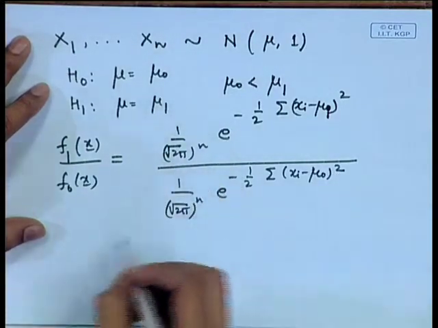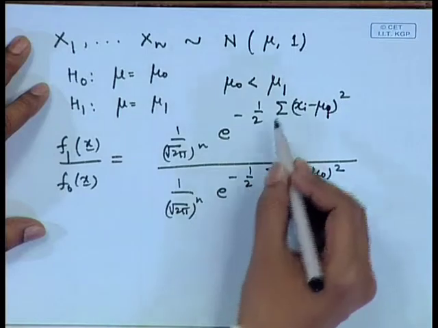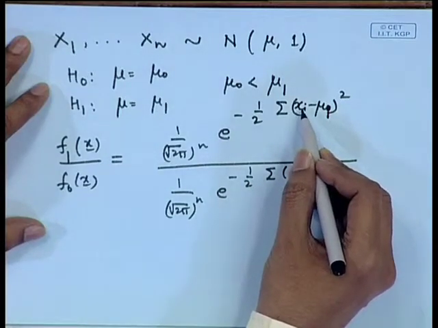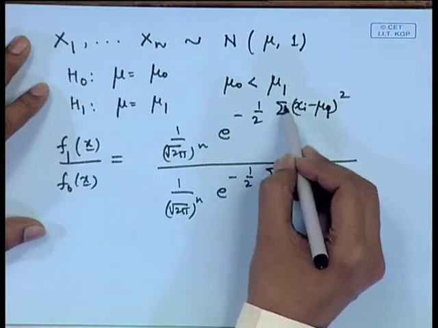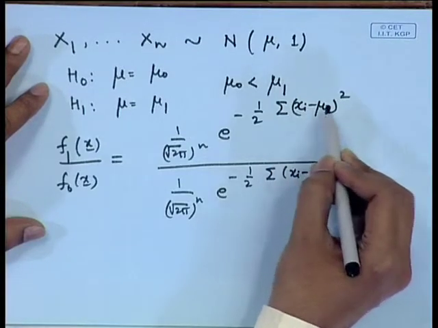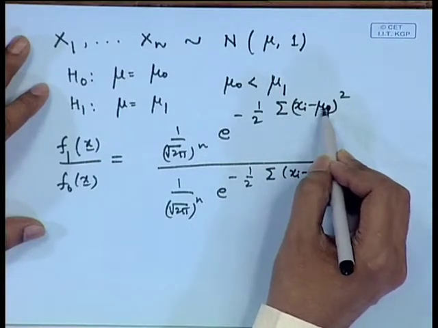Now, you can see that these terms cancel out. e to the power minus 1 by 2, if you expand this, you get sigma x i square minus twice mu 1 sigma x i.